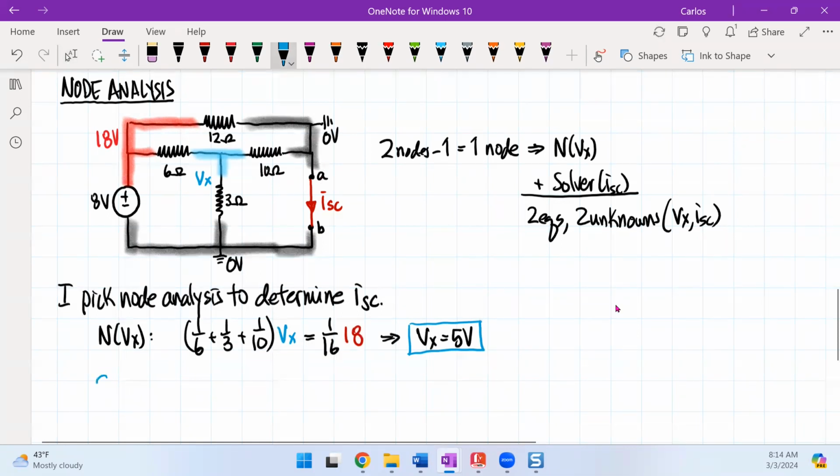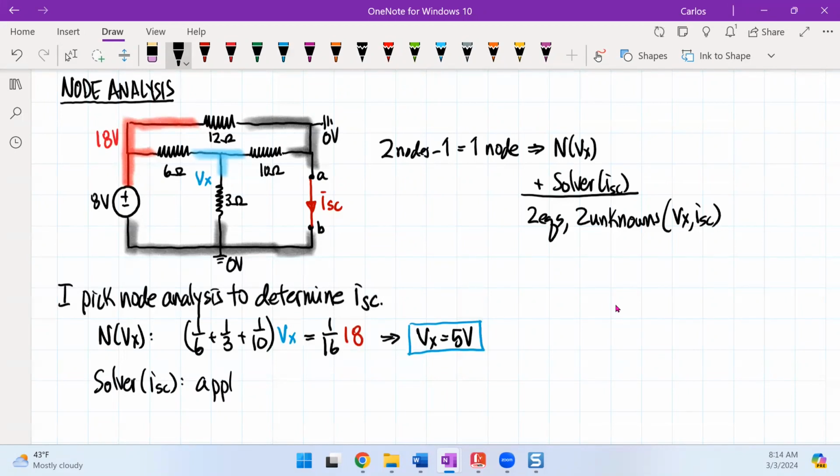So my solver equation for I short circuit, that tells me that apply KCL at node A. So then if I do that, I'm going to see that I'm going to have I12.